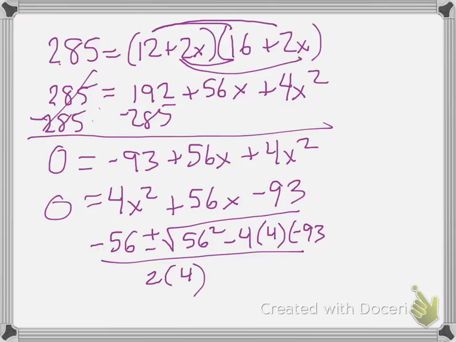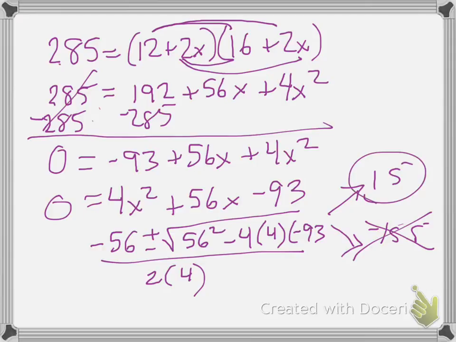If you solved that, you could plug it into your calculator. You're going to get 1.5 for one of them and negative 15.5 for the other. You can't have a negative distance, so that answer is not true. So the answer must be 1.5.